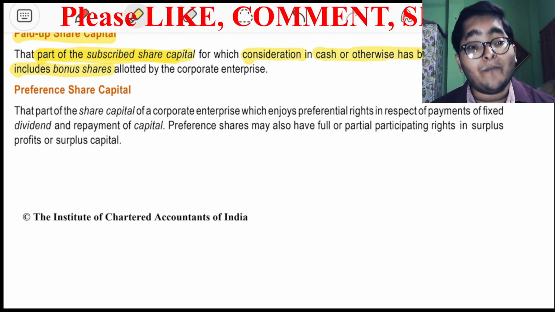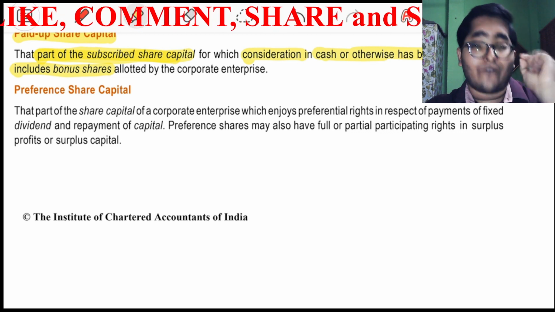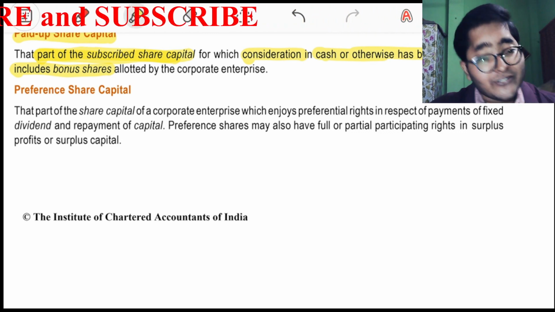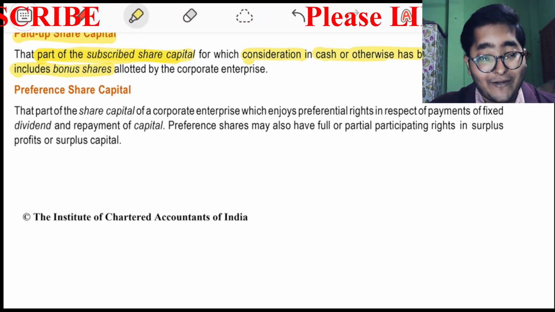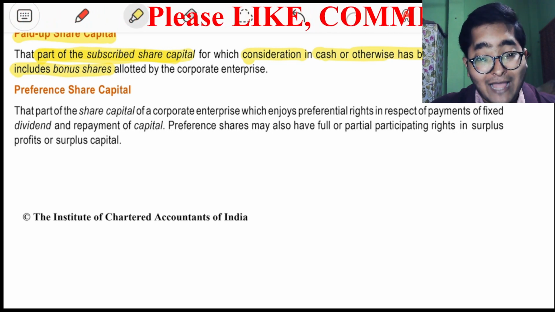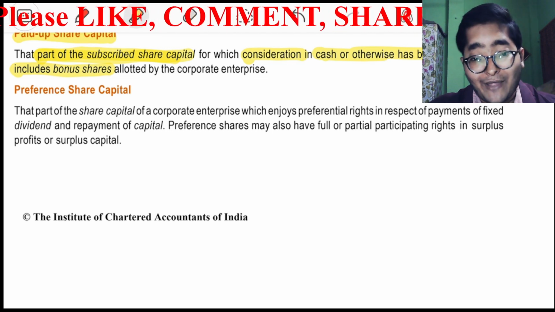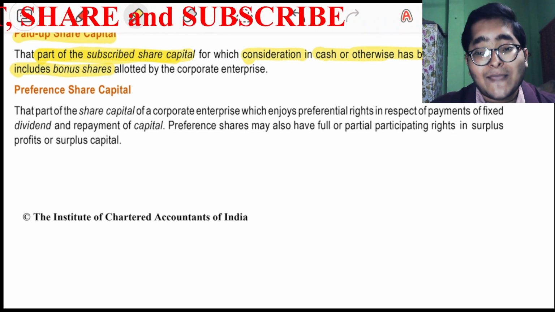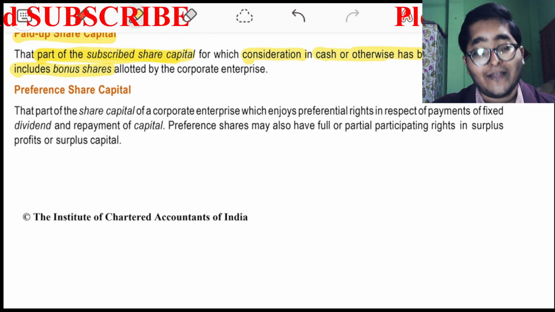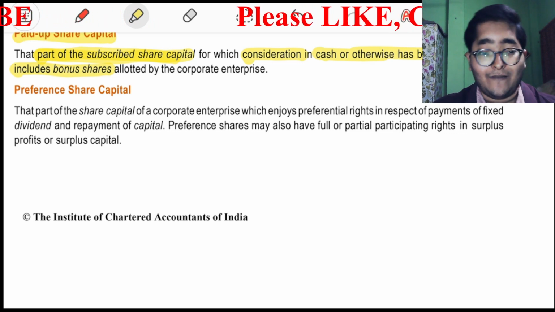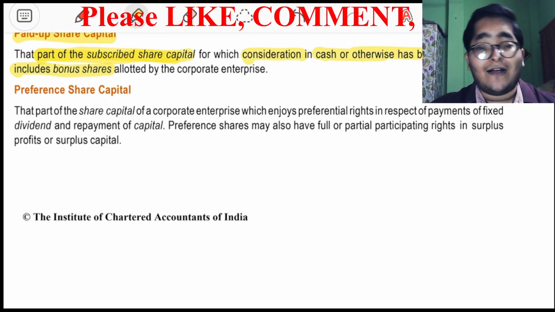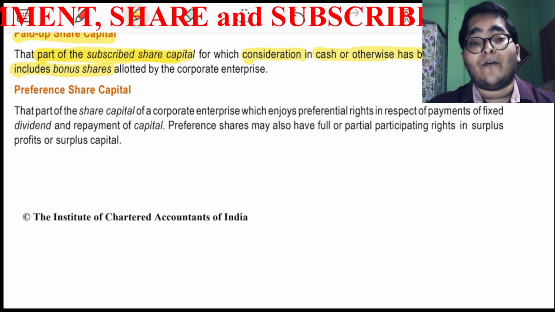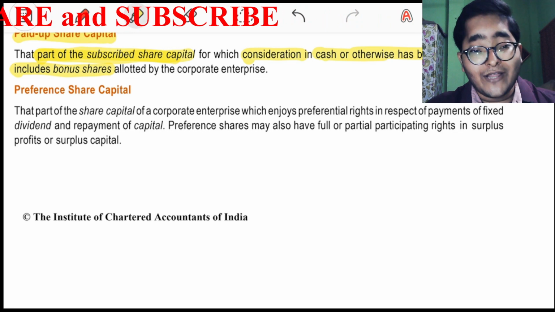Now it's time for preference share capital. What is preference share capital? Preference share capital is that part of the share capital of a corporate enterprise which enjoys preferential rights in respect of payments of fixed dividend and repayment of capital. It is the share capital recovered or earned from the shareholders by issuing preference shares.